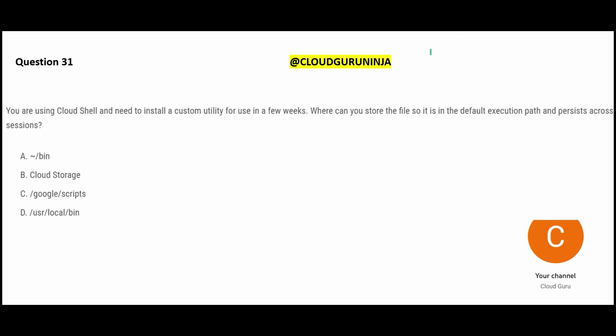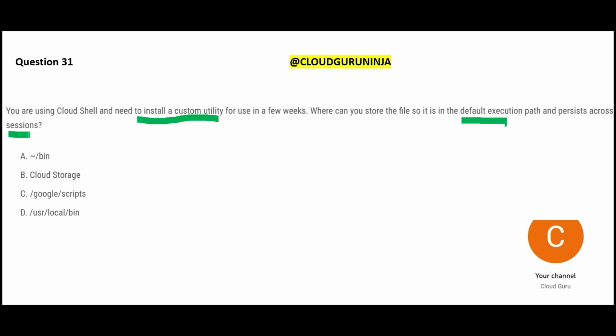Now you are using a Cloud Shell and you need to install a custom utility. The question is asking where we should store the file so that it is in the default execution path and persists across sessions. So if we use different sessions, we should still be able to access this file.